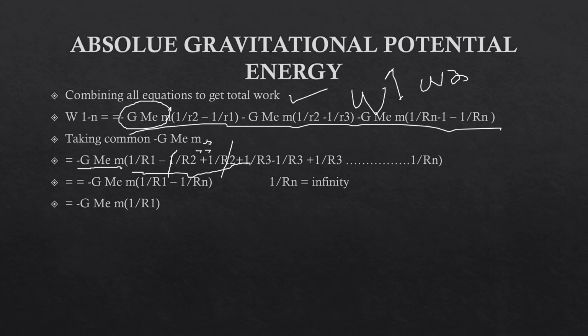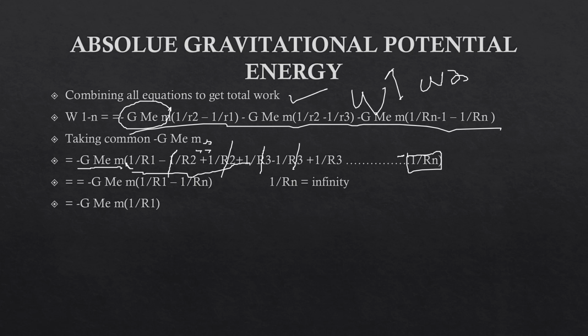Then the positive 1 upon R3 is cancelled by the negative one, and so on until we get this value, which is also in minus.